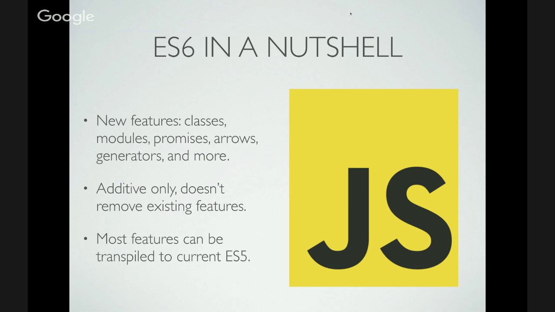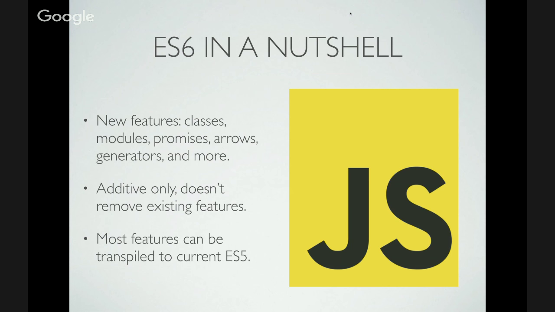So everything you write today still works in the future, which is a backwards compatible approach to evolving JavaScript. And most features, probably 95% of the things that are coming down the pipe for ECMAScript and JavaScript, can actually still be written in ES5, which is the current version today. However, there are a couple of concepts that don't quite translate into today's code.